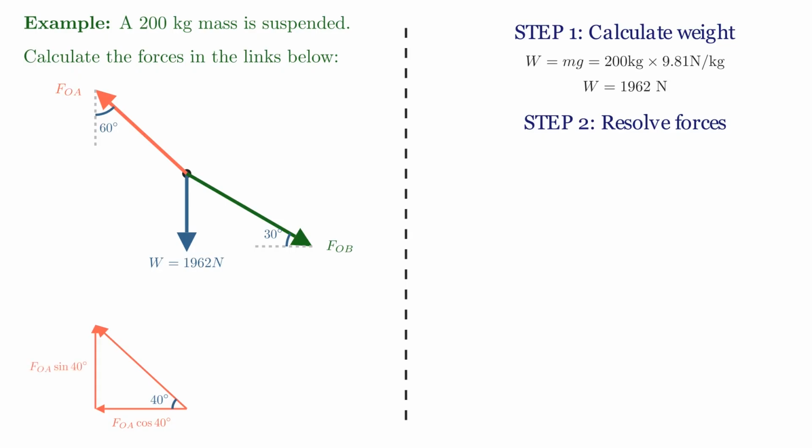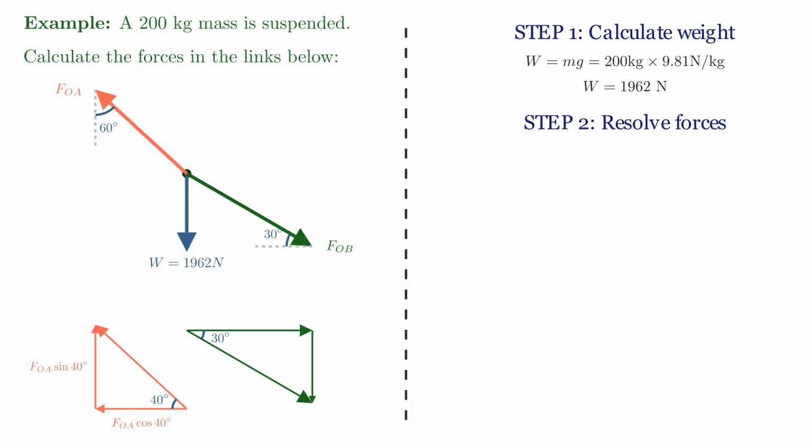And then we can resolve the other arrow FOB. So if we bring that one down as well, we want to rewrite this as the sum of a vertical and a horizontal force. So this time the angle, using the rule of Z angles, is 30 degrees. So we're going to start by resolving that horizontal force.